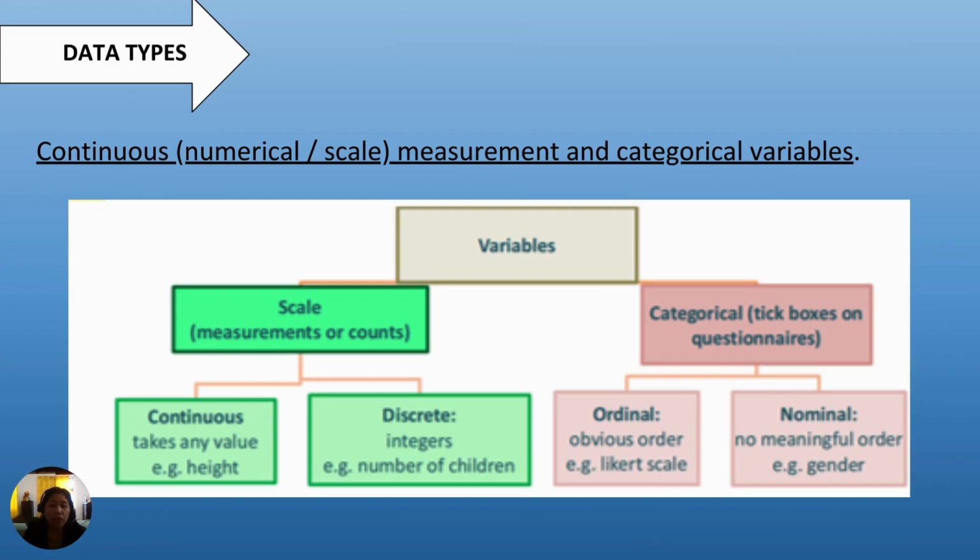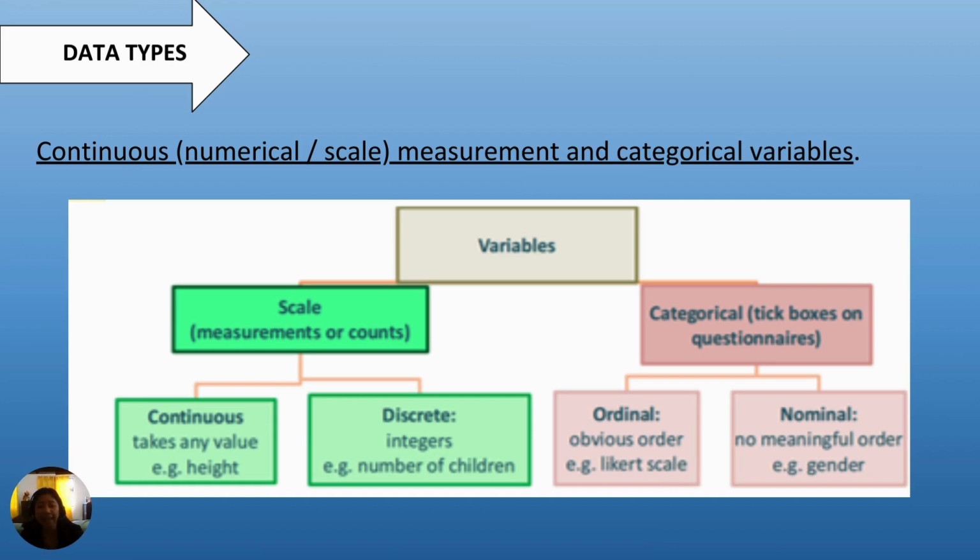Okay. Under the categorical variable, by the way, categorical variables are about grouping things into categories or labels. These are usually collected through tick boxes, kagaya ng ginagawa natin sa questionnaire, multiple choice, or verbal responses.